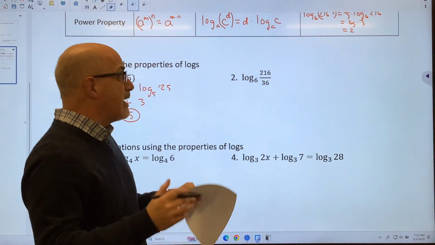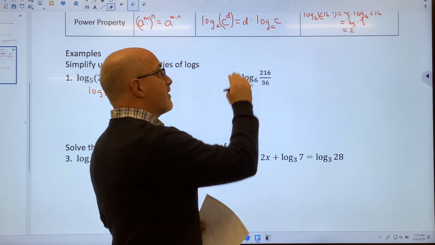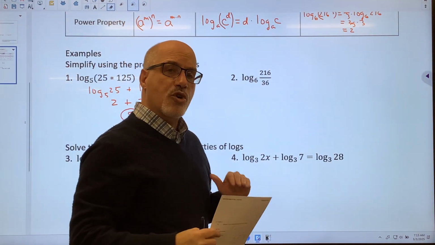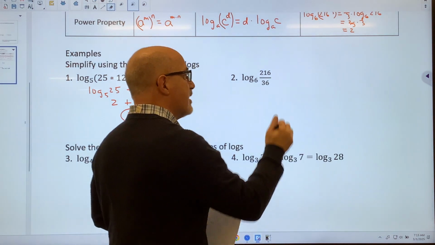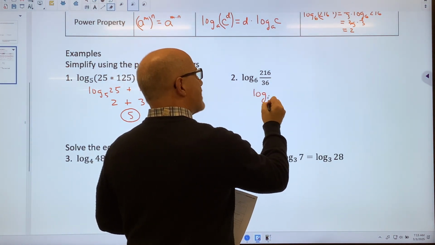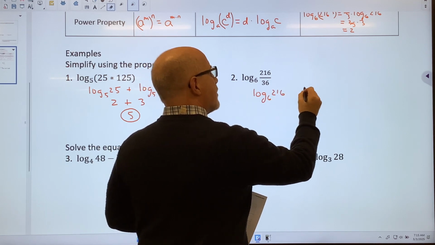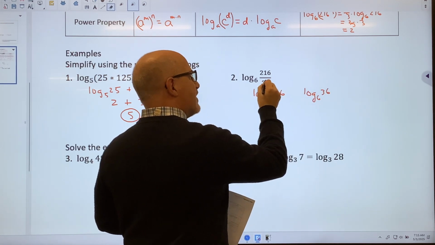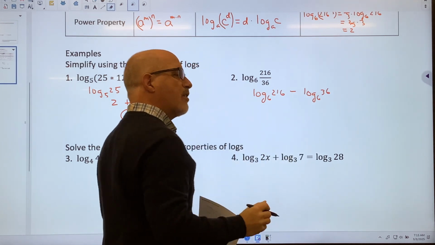Let's try this one. I immediately look at this and think of the property above where you have division becomes a subtraction of the logs using the exponent property. And so we make it log base 6 of 216, and log base 6 of 36, and the division becomes subtraction of the logs.